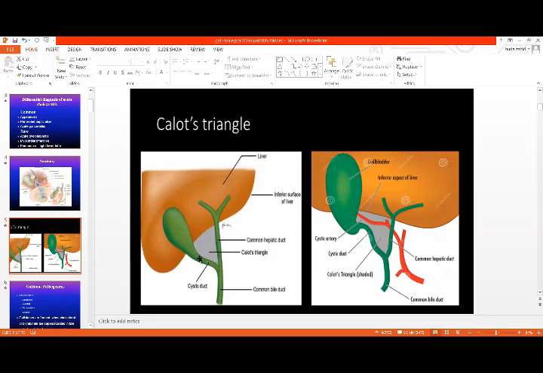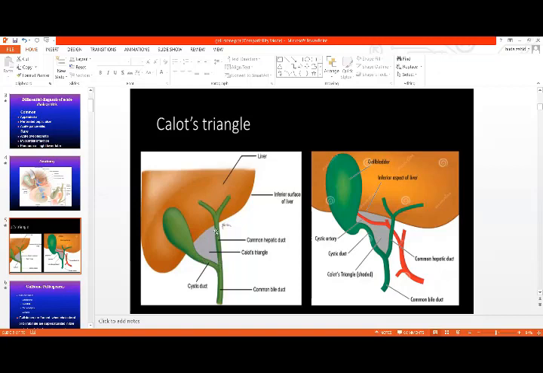You have a cystic duct, and you have the inferior border of the liver. So the boundaries of Calot's triangle are: inferiorly the cystic duct, medially the common hepatic duct, and superiorly the inferior edge of the liver.